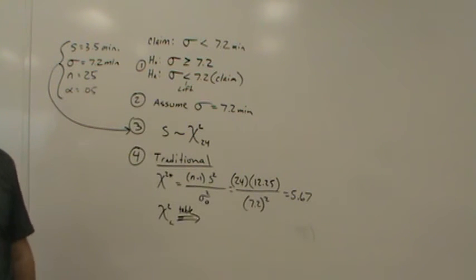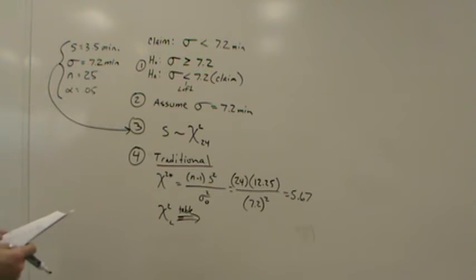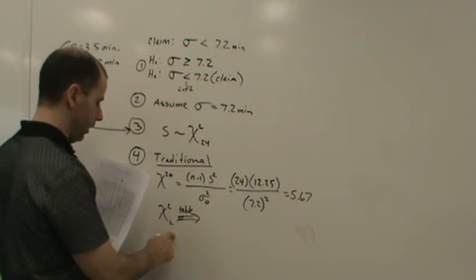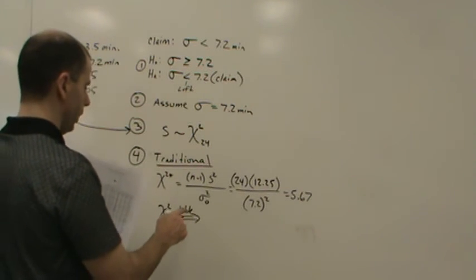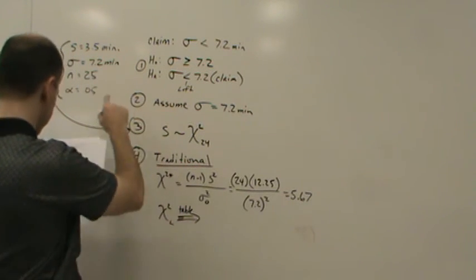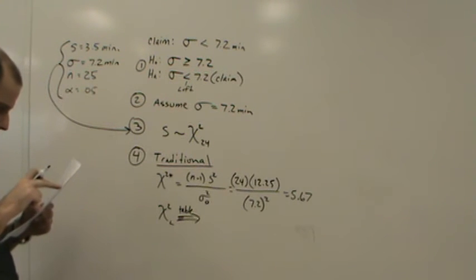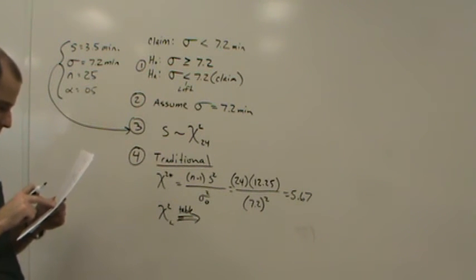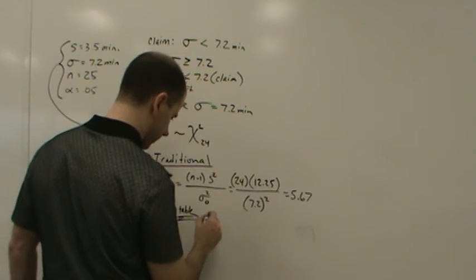So I look up degrees of freedom 24, chi-squared L, alpha 0.05, and my critical value is 13.848.